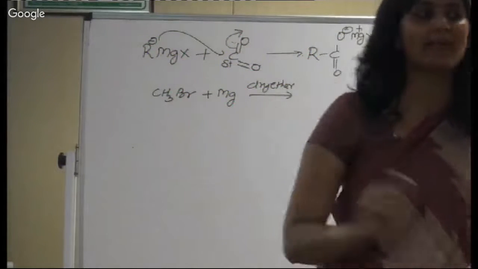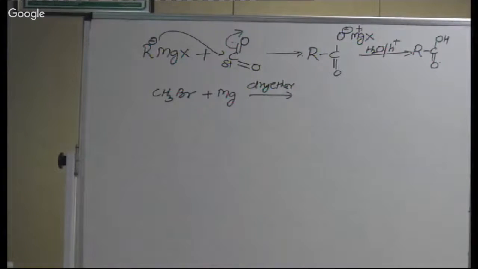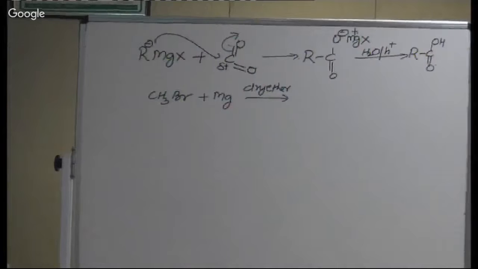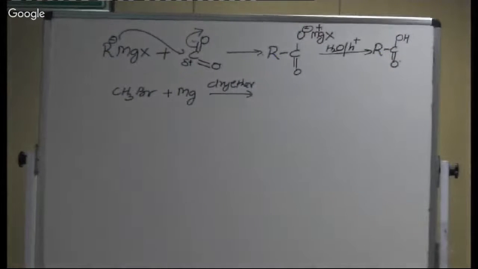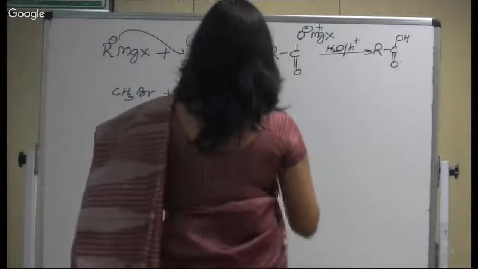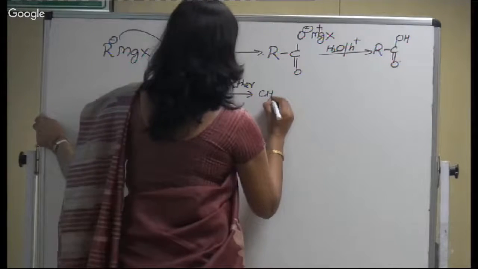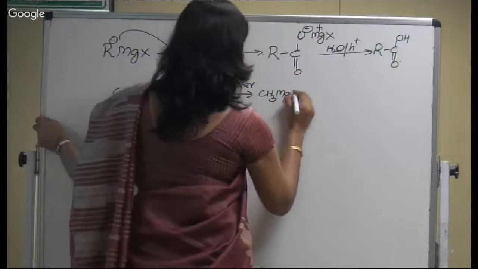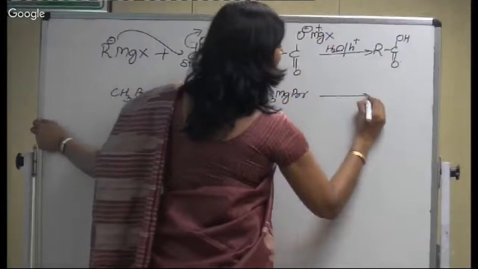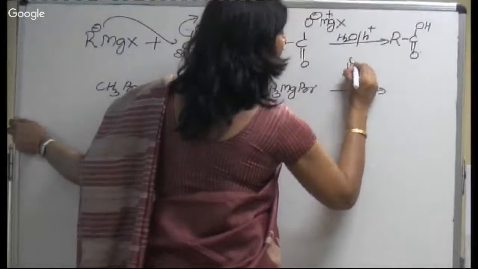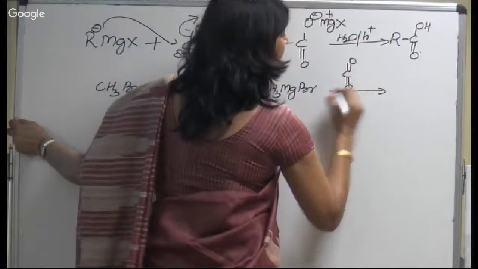What product will you get when you react with magnesium? Write the structure of Grignard reagent. And now you react it with carbon dioxide.